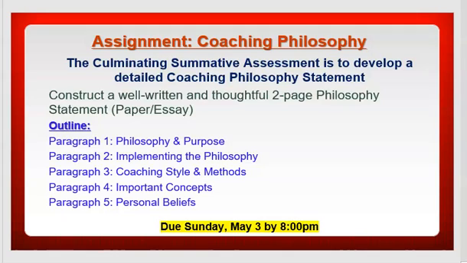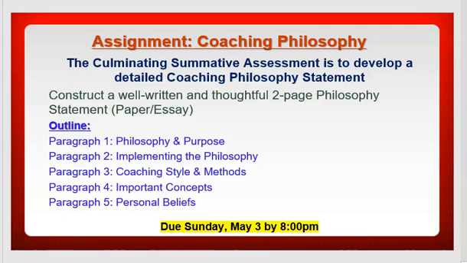There's going to be different outlines based on if it's a coaching philosophy or a teaching philosophy. And look on the assignment guideline, but here's a sample outline. Paragraph 1, explain your philosophy and purpose. Number 2, how would you go about implementing and teaching your philosophy to your team? Number 3, what's your coaching style and methods and some things you're going to think that are important to your team, offensive and defensive?